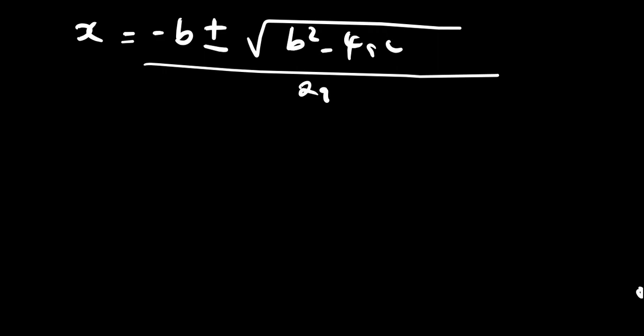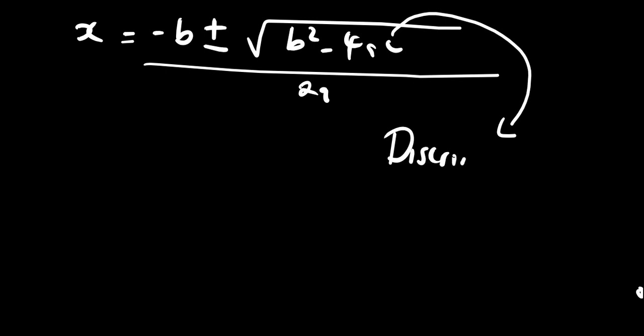One thing that you should know is that what is in the root here is called the discriminant. What's the function of the discriminant? The discriminant will determine the behavior of what you're going to get, whether the function is going to cut, whether you're going to have x-intercepts or y-intercepts.